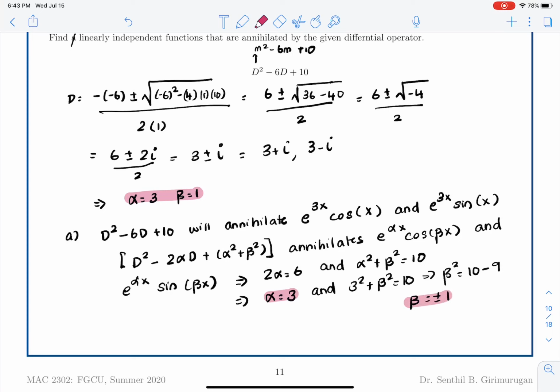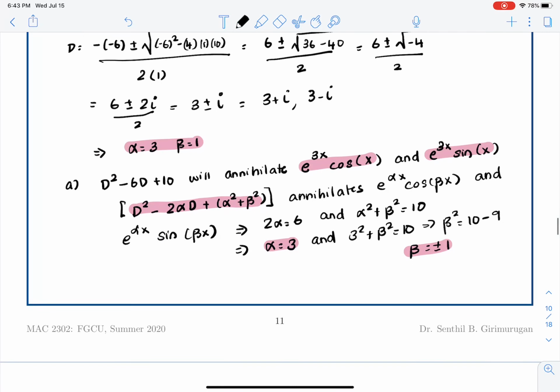So it's entirely up to you, but this general form is quite useful in identifying the linearly independent functions right away. So the linearly independent functions are those two.